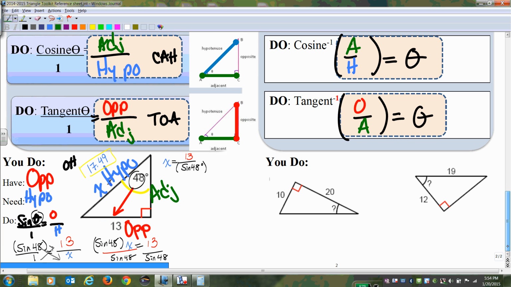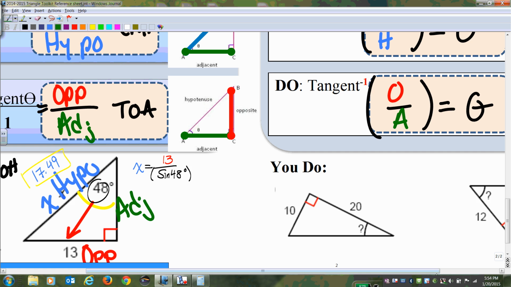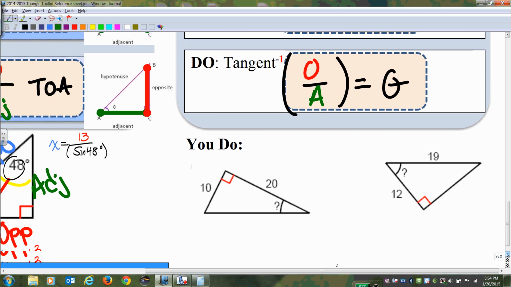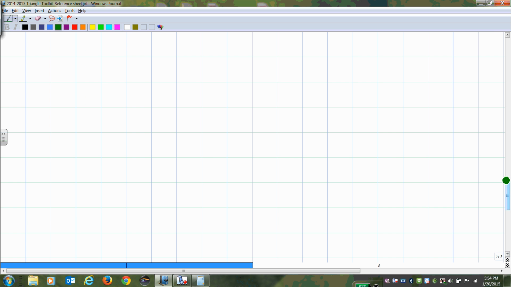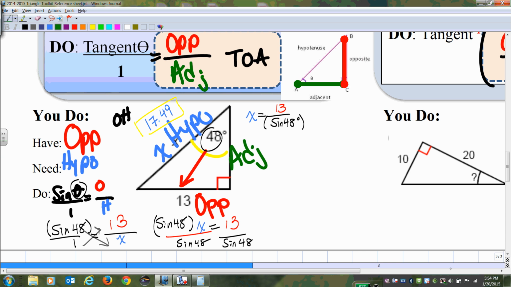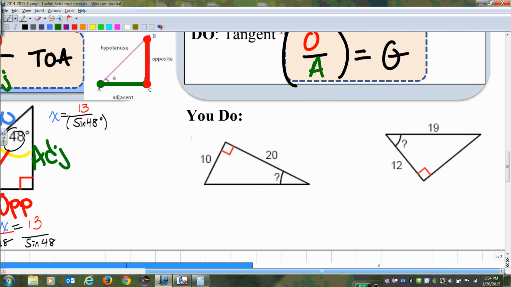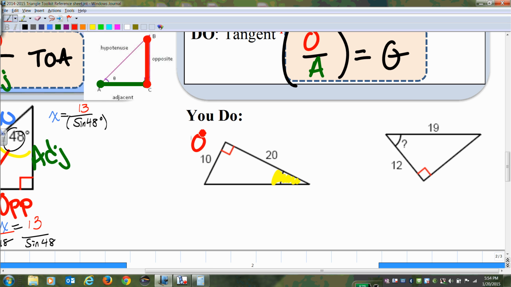So let's take out our two examples here. If that's our angle theta right there, that makes 10 the opposite, and that makes 20 the adjacent. I can see right now that's an OA, so I'm going to go inverse tan.